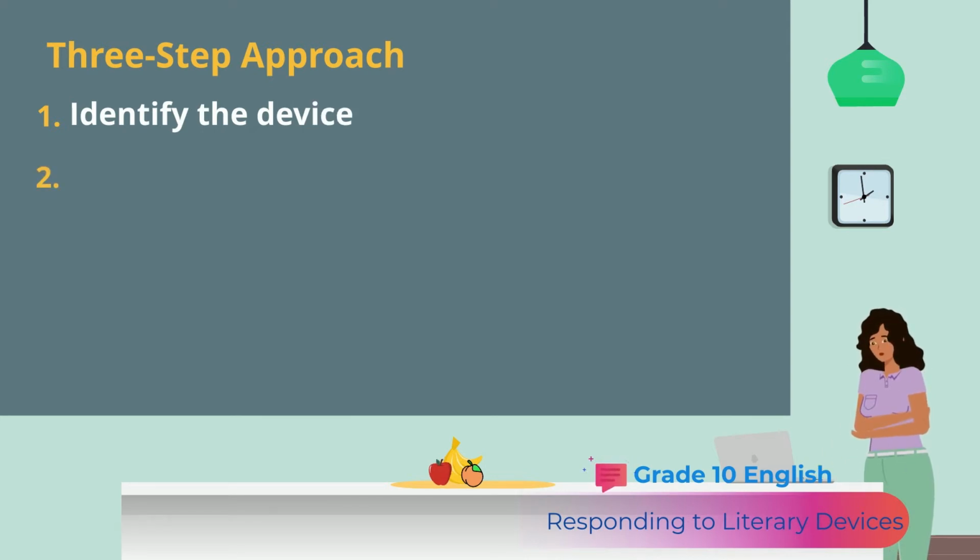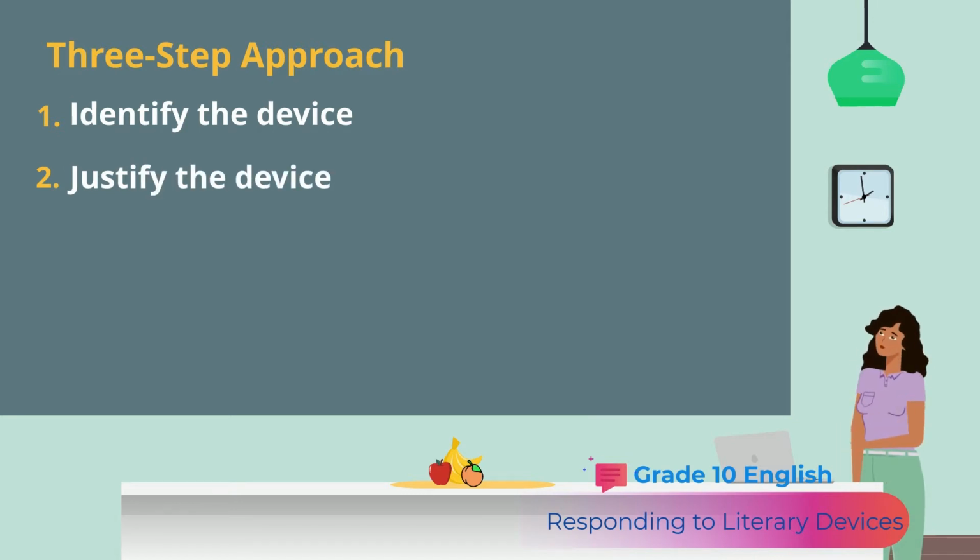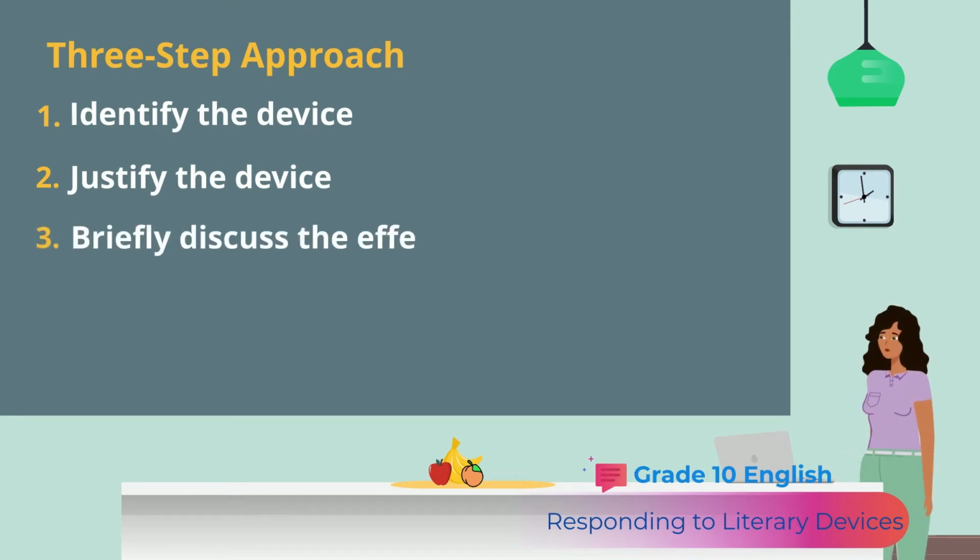And secondly, you have to justify the device by stating why it is what you say it is. Now, when those two steps are completed, you then briefly discuss the effectiveness of the device.